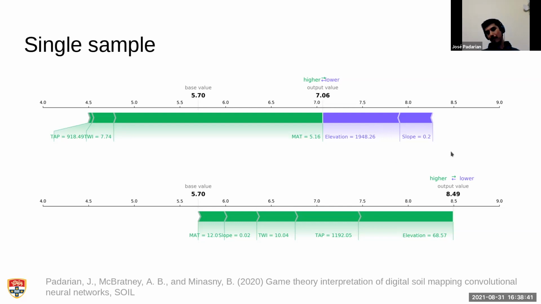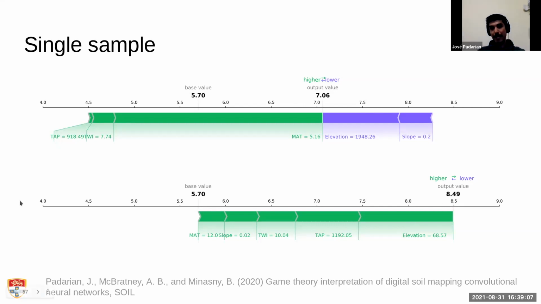Because it's a less stable location in the landscape, organic carbon doesn't accumulate as much compared with the other location, which was in a valley. That's why most of the covariates there are contributing positively to the accumulation, reaching a value of up to 8.5% of organic carbon in that case.